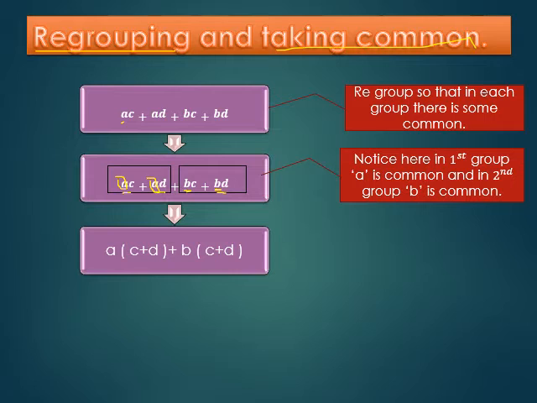From the first group we'll take A common, and after taking A common, from the first term AC we get C, and from the second term AD we get D. In the second group we'll take B common. After taking this common, from the first term we get C and from the second term D.